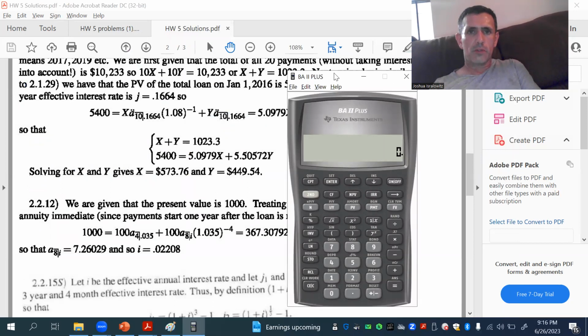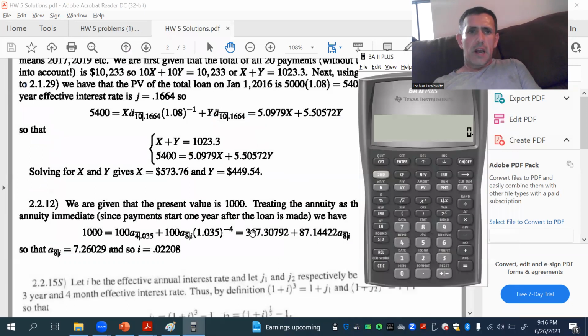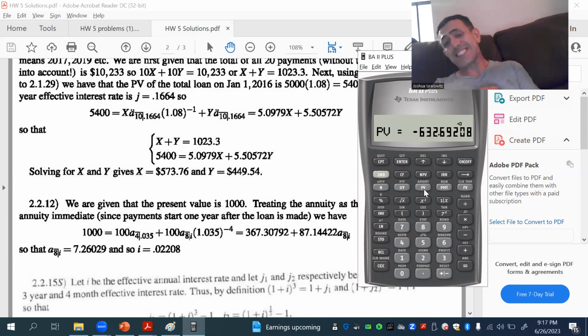It's awkward with the Zoom thing, and I'm using my mouse pad to do this, so that's why it's so clunky. I'll take 1,000 minus 367.30792 and make this the present value. I'll make it negative. Remember, either the present value or the payment has to be negative, otherwise your calculator gets very angry.